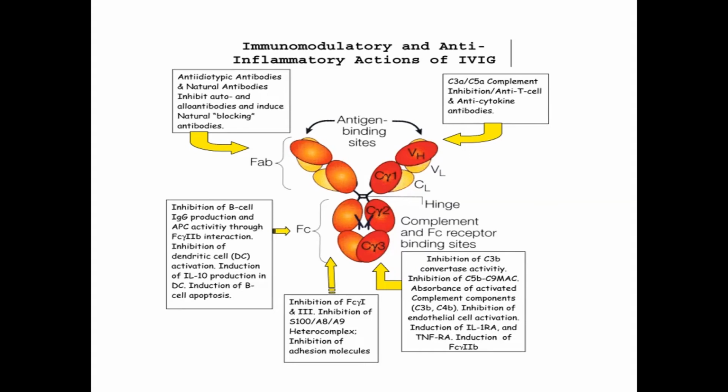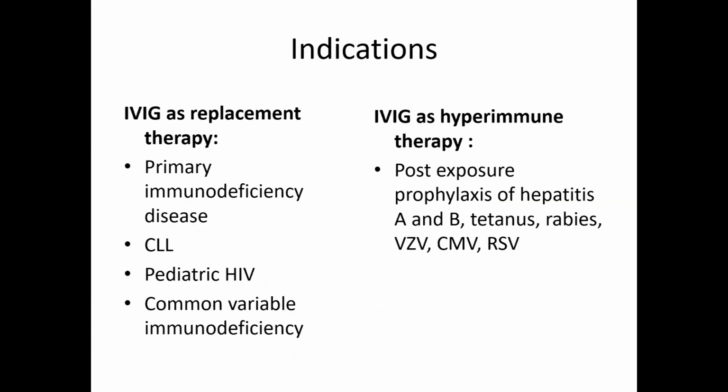So, the indications of IVIG. IVIG as replacement therapy, in primary immune deficiency disease, CLL, pediatric HIV and common variable immune deficiency. IVIG as hyperimmune therapy, like post-exposure prophylaxis in different diseases.